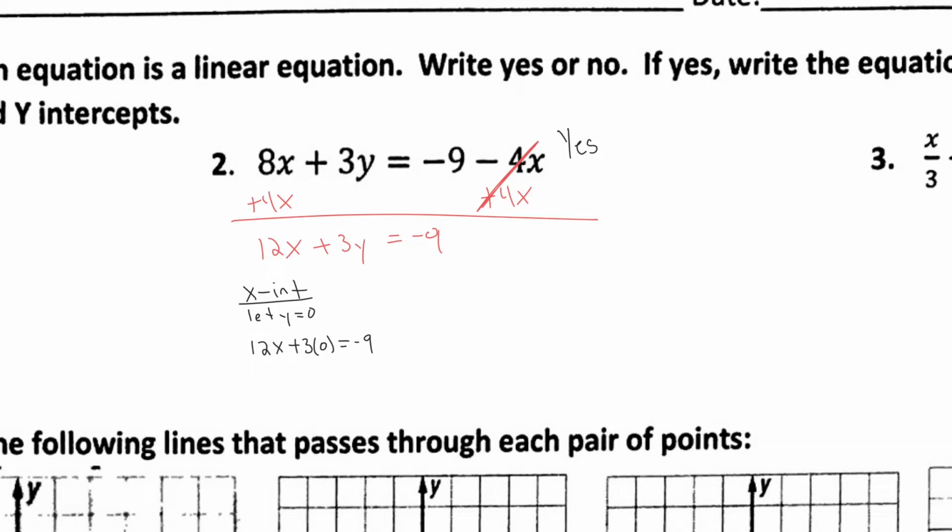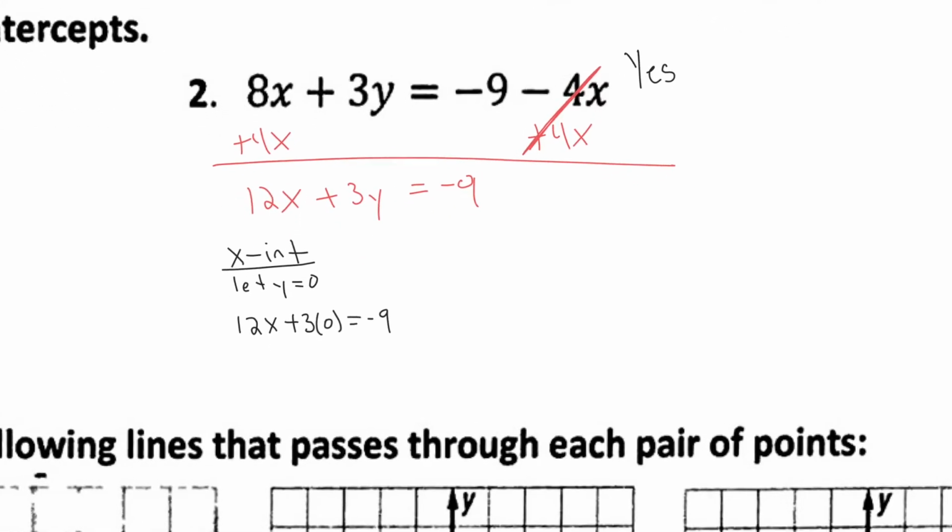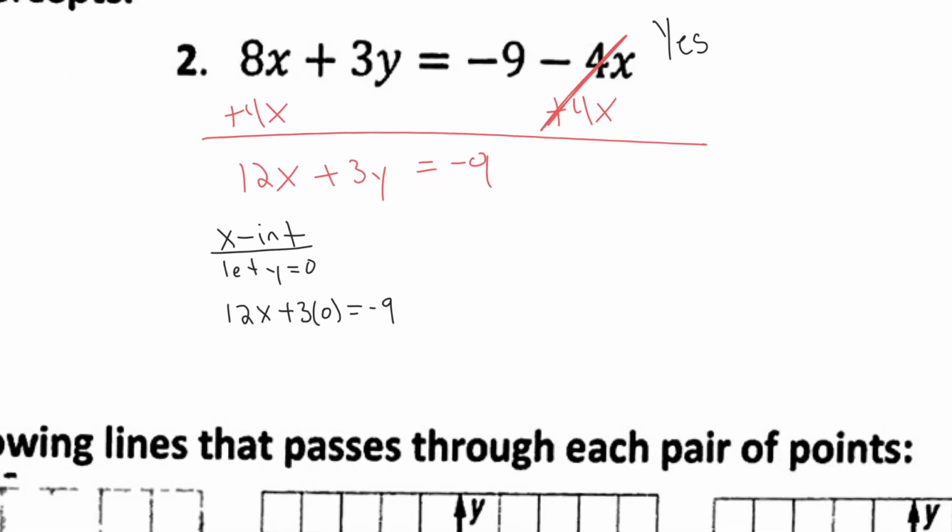So now you are going to solve for x. Now let me give you a tip. When you multiply 0 times the 3, well, that's going to be 0, so you don't need it. So in a way, you can ignore this portion of the equation. I'm just going to bring down the 12x equals negative 9.